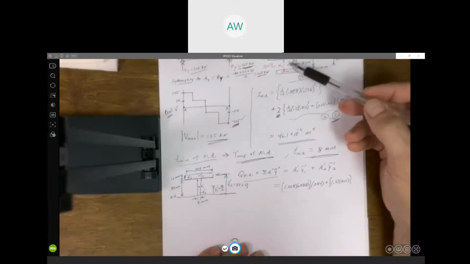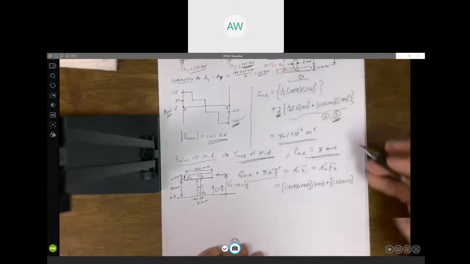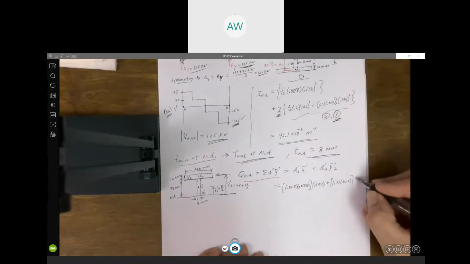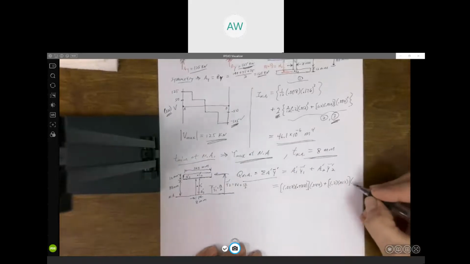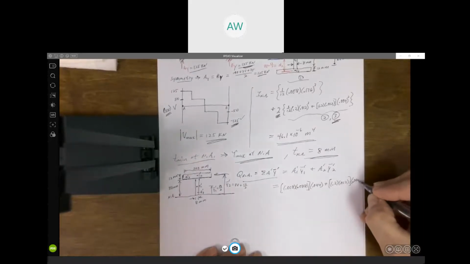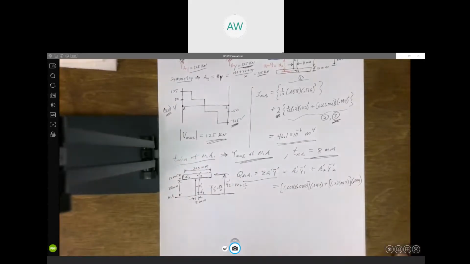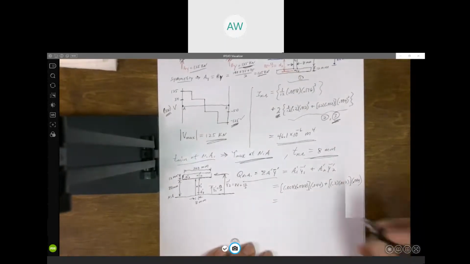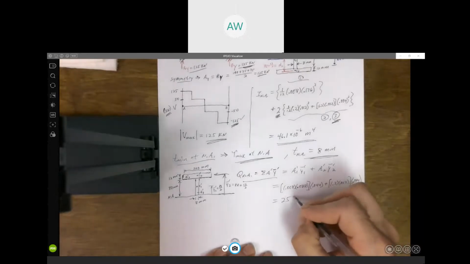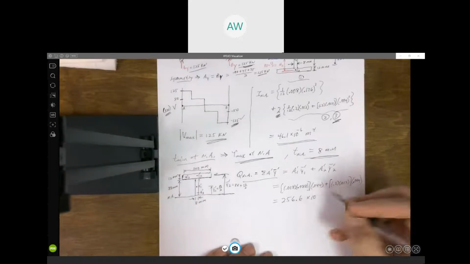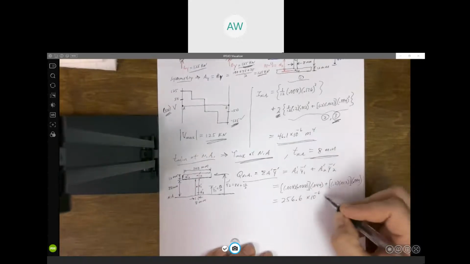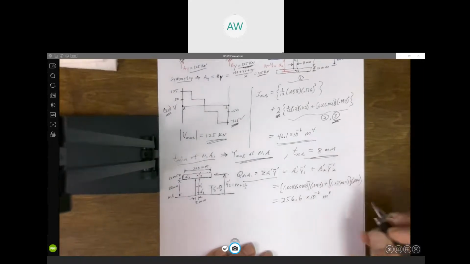It's the same as D2 and D3 up here. So it's 0.094. And we add those up and we get Q. And I got Q 256.6 times 10 to the negative 6. These are meters cubed.